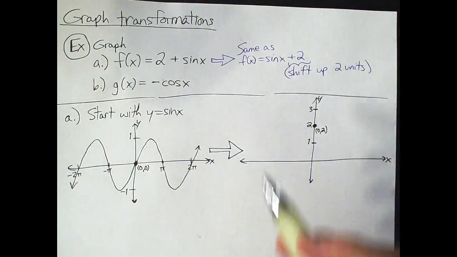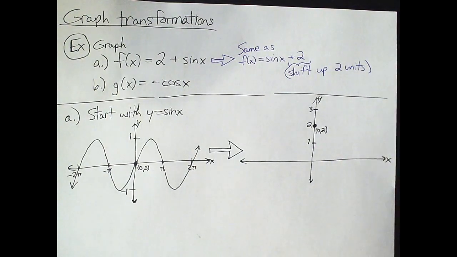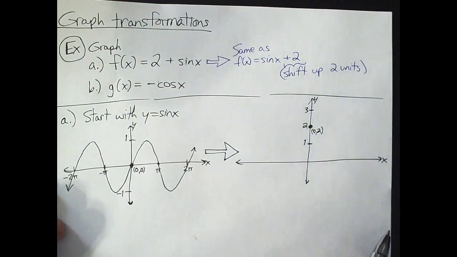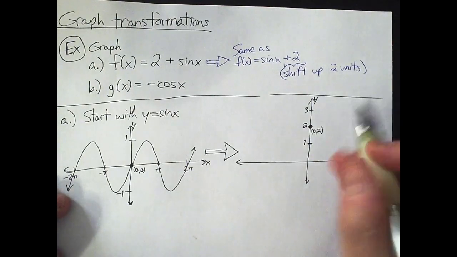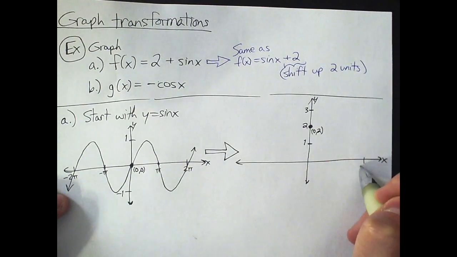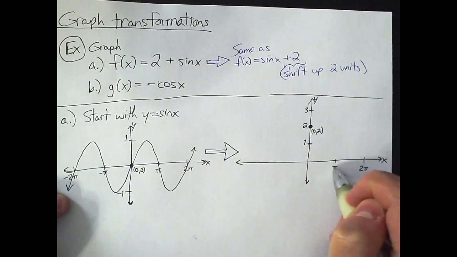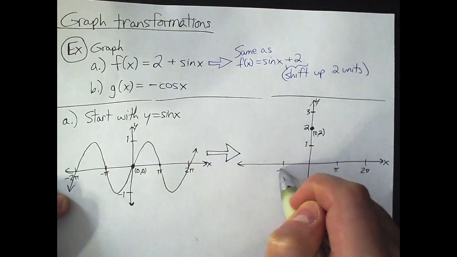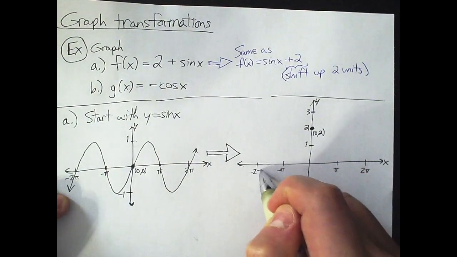I know that when we shift a graph up or down or left or right, it still retains its same original shape. It's just been moved around, translated on the XY plane. So let's see. I'll put 2 pi here, pi, negative pi, negative 2 pi.